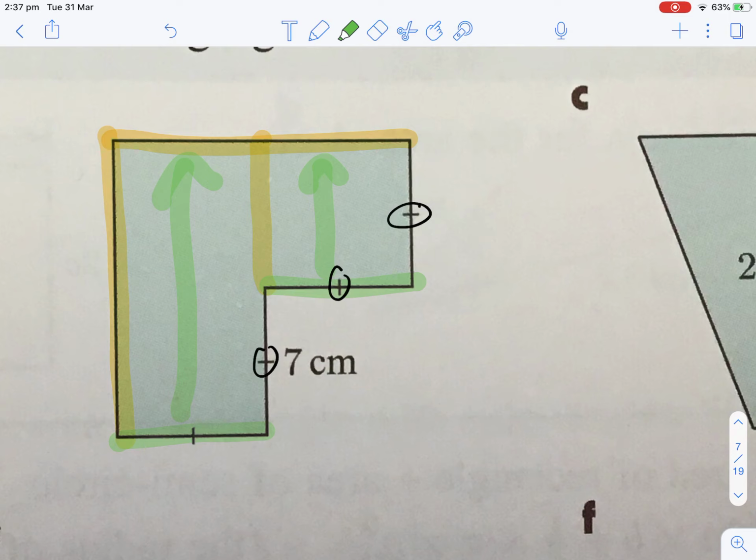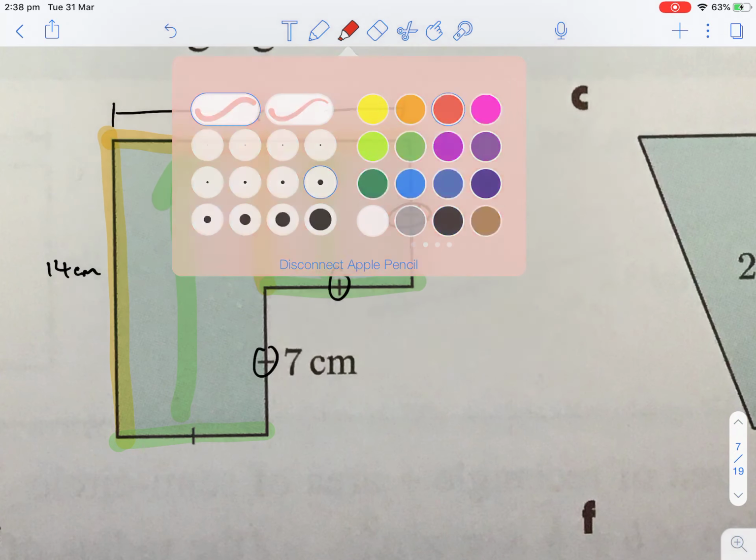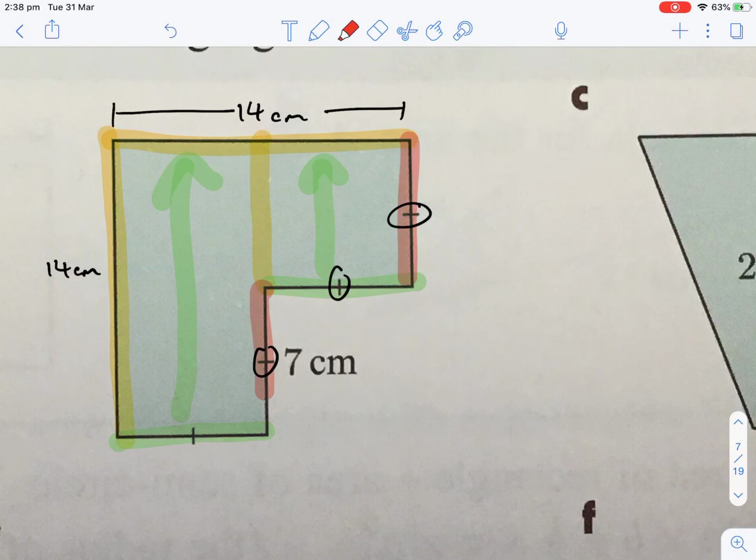So this top bit is obviously made up of 2 measurements of 7, so I'm going to have a measurement of 14 centimetres altogether going this way. And by the same logic, I've got 14 centimetres going this way, because if you looked at these 2 sides and brought them down to the side there, it's the same measurement.